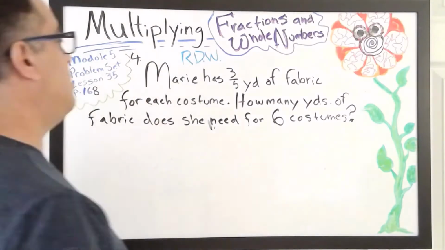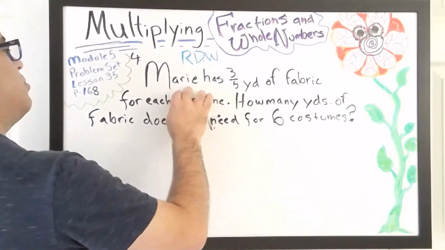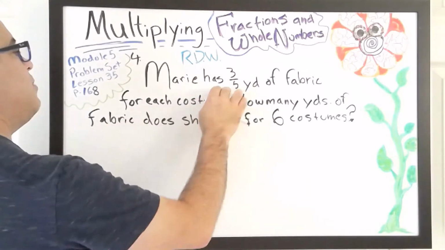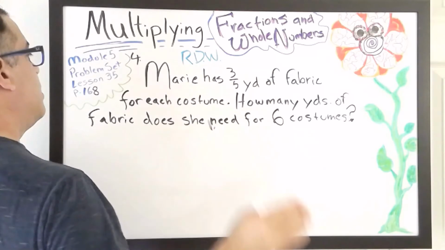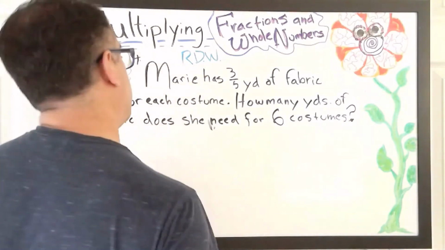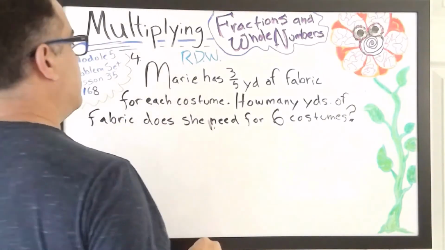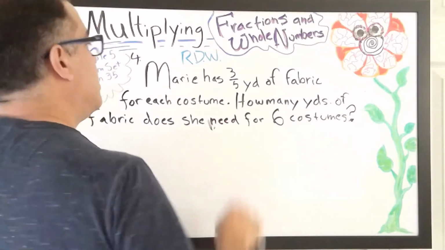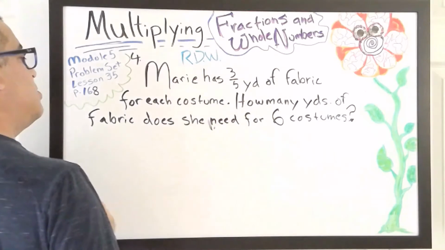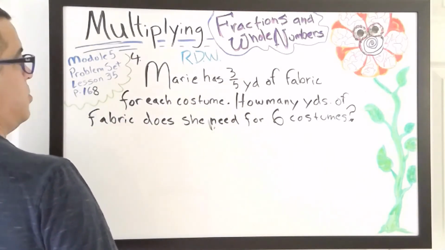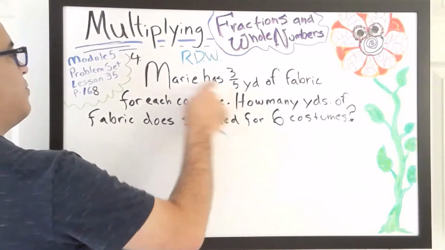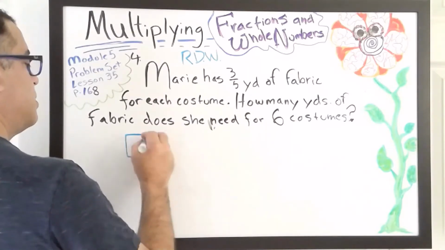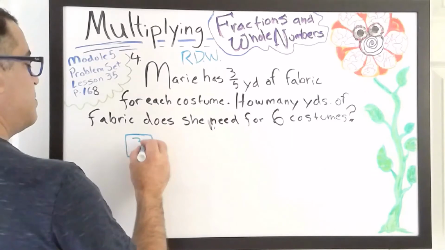So if it says Maria has 3/5 yard of fabric, not a whole yard yet, but 3/5 of a yard of fabric, for each costume. So let's imagine she's making Halloween costumes. This is how many yards of fabric she needs for each costume. And in this case, it's a fraction of a yard. Imagine this is a piece of her fabric, 3/5.